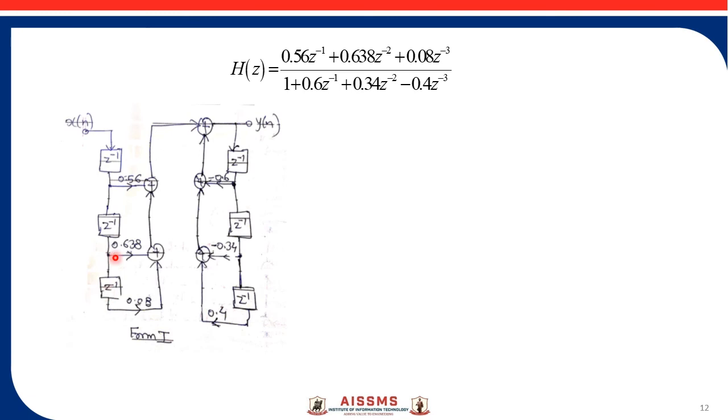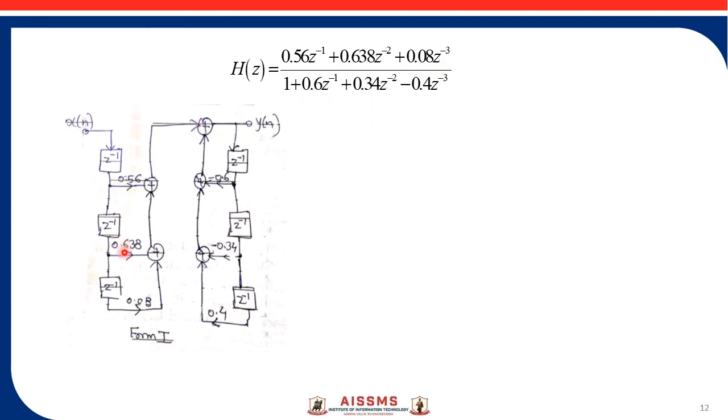The multiplier with x of n minus 1 is, with z raised to minus 1, 0.56. So 0.56 multiplied by x of n minus 1, plus 0.638 multiplied by x of n minus 2, plus 0.08 multiplied by x of n minus 3. All these terms when added give w of n.